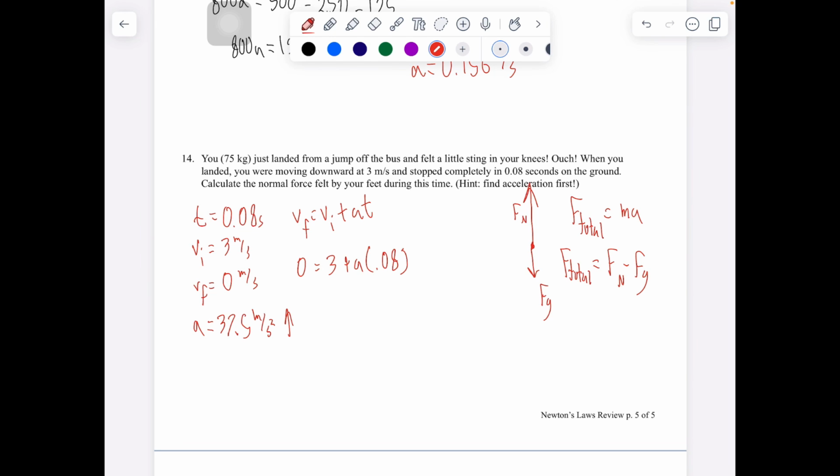So we'll just go ahead and we will say, with our acceleration, plug this on in. Total force is mass, 75 kilograms, multiplied by our 37.5 acceleration.